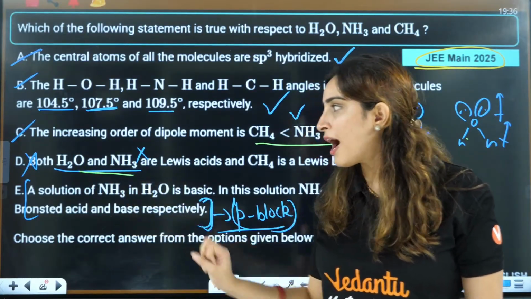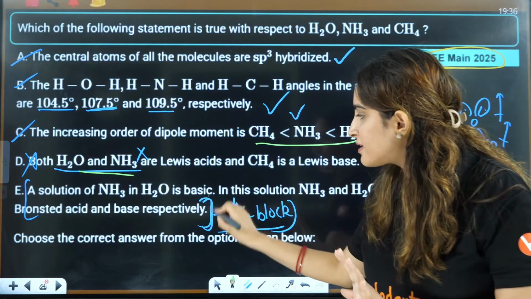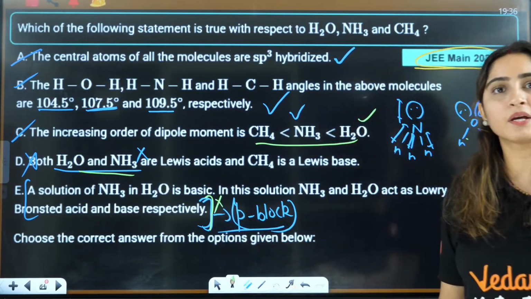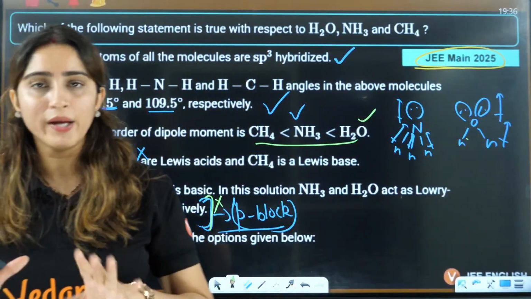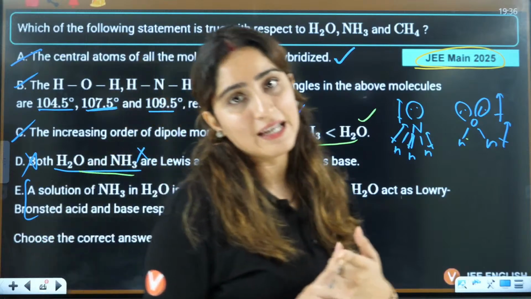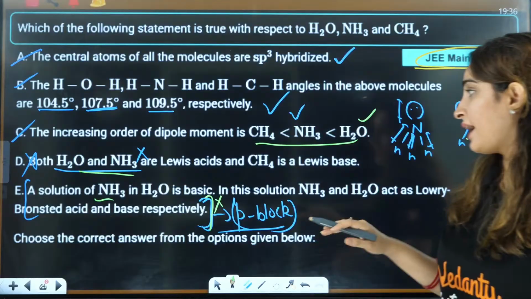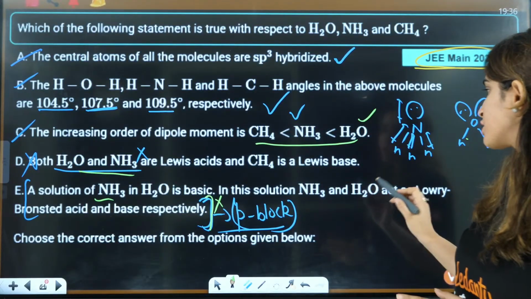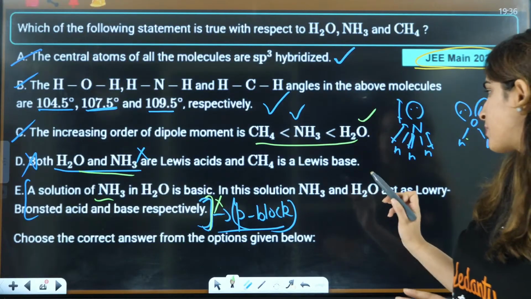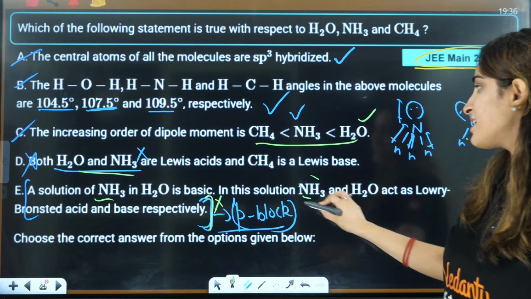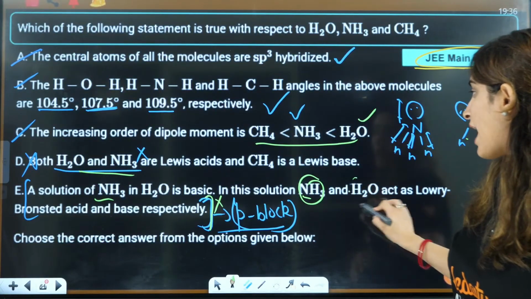Then last, we talk about Bronsted acid and base. This statement is not correct, because Bronsted acid and base is itself a topic that we will discuss in ionic equilibrium, where I will tell you why NH3 in water is basic. The statement says that in the solution NH3 acts as a Bronsted acid and H2O acts as a base.